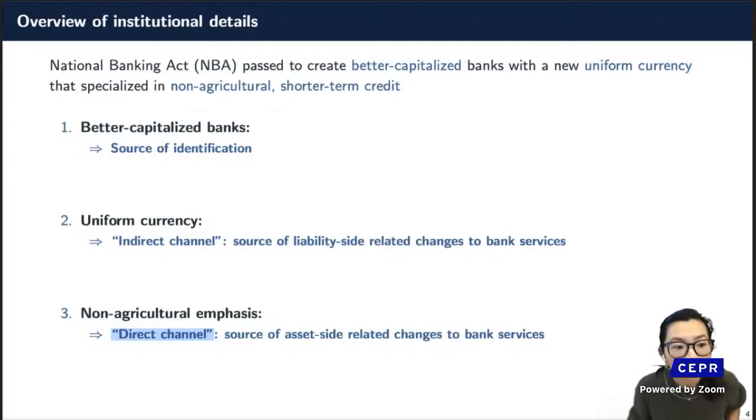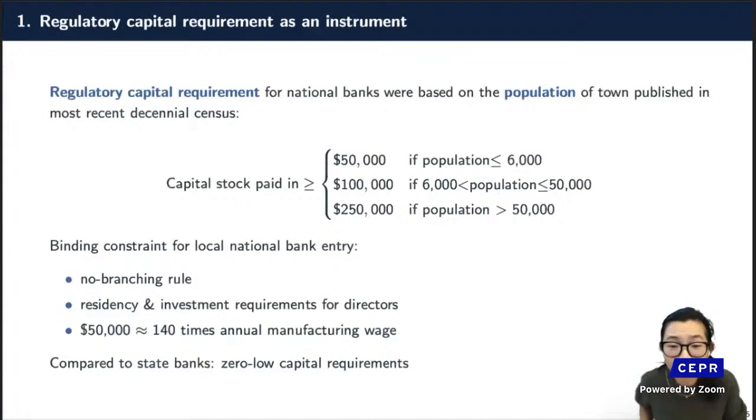Okay, so I'm going to go through each of these one by one and come back to this slide with a summary of what things look like before the National Banking Act and what it looked like after. All right, so first, in terms of the regulatory capital requirement, this was established based on the population of the town that was published in the most recent decennial census.